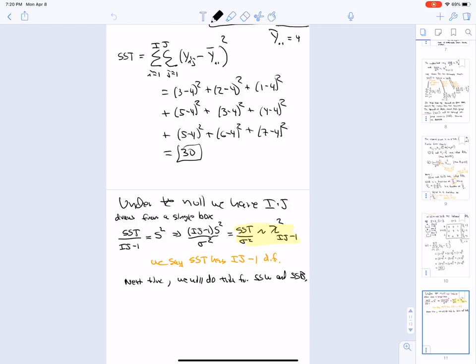And under the null, we would have I times j draws from a single box. So SST over ij minus 1 is the sample variance, and hence SST over sigma squared is a chi-squared with ij minus 1 degrees of freedom. And so we'll say that SST has ij minus 1 degrees of freedom.